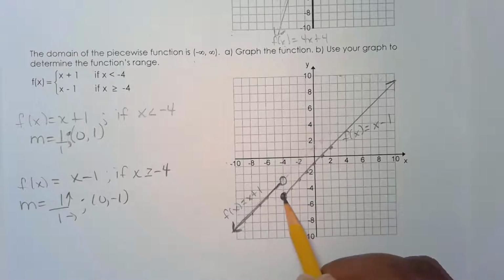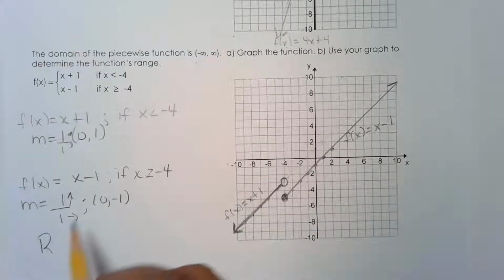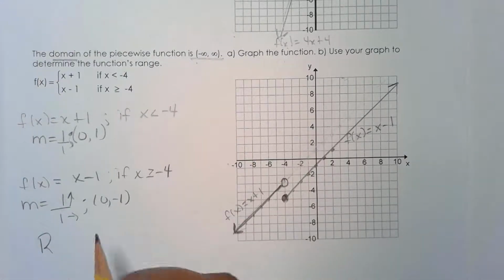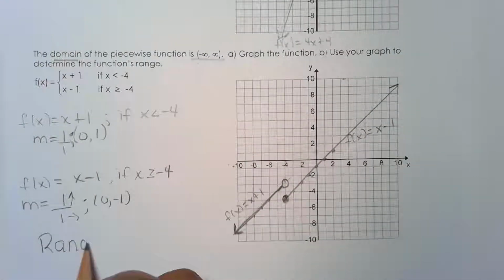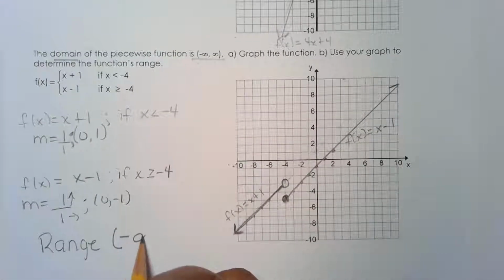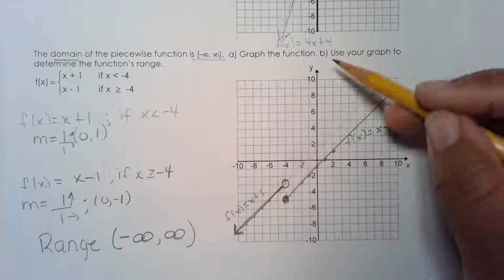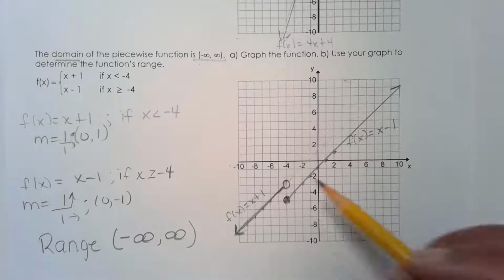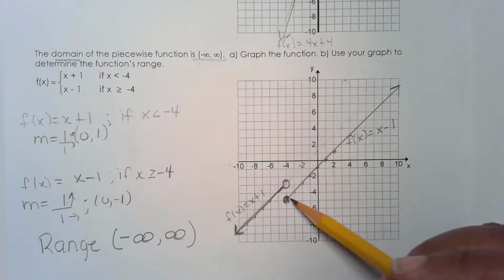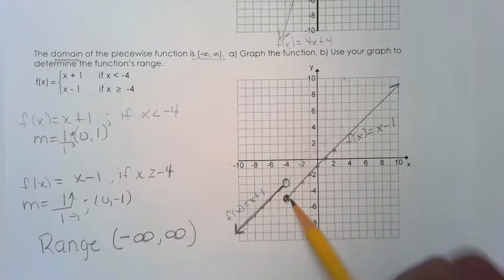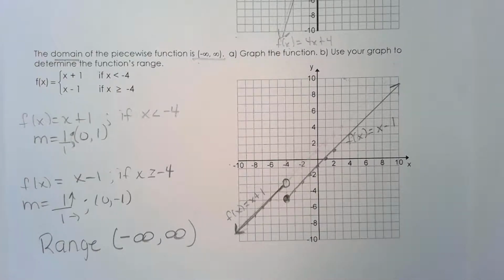If the domain is -infinity to +infinity, the range is going to be the same, -infinity to +infinity for the value of y. Because it doesn't stop, it continues, because with this -4, we have that greater than or equal to -4, meaning -4 is included. So we are finished.